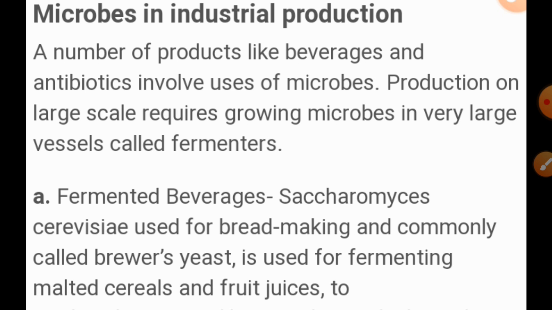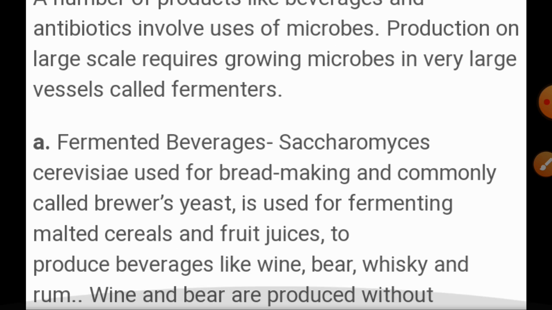Especially there is a special kind of microbe, a fungus called Saccharomyces cerevisiae, which you know is also known as baker's yeast or brewer's yeast. It always helps to produce ethanol with the help of different substances obtained from fruit juices and other substances under suitable conditions.